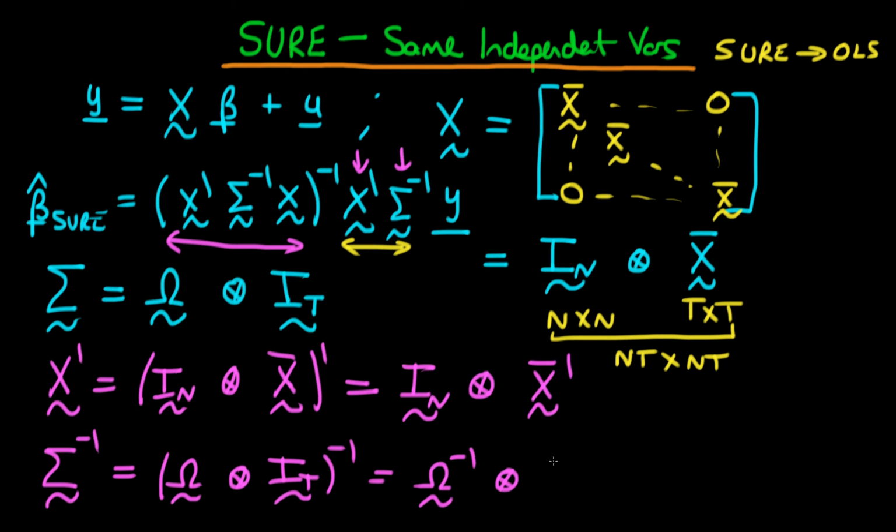Thankfully, the inverse of the identity matrix is just the identity matrix, so that all stays relatively simple. In the next video we're going to see what happens when we combine X' with the inverse of Σ, and then we're going to start working away at the term inside the parenthesis.